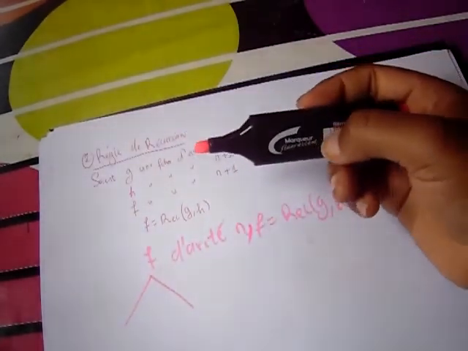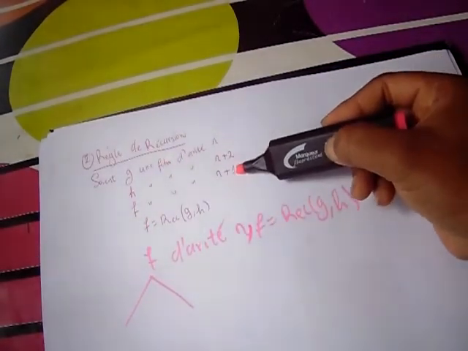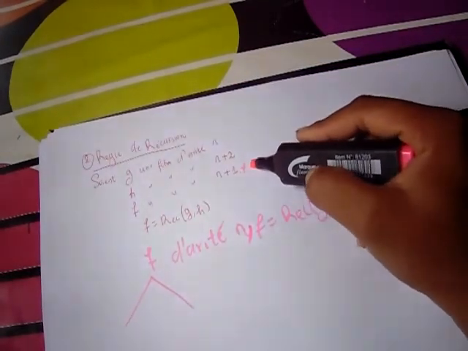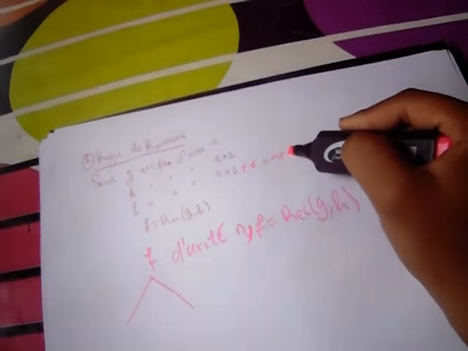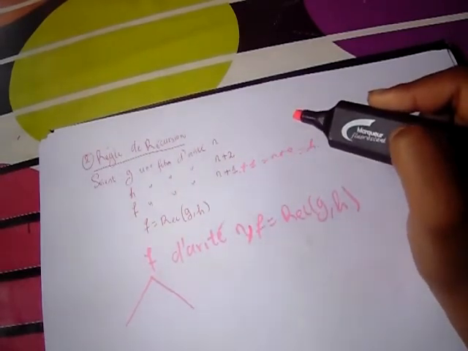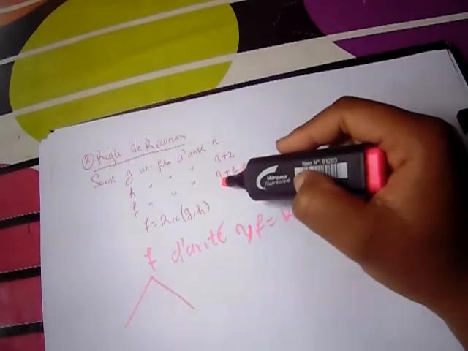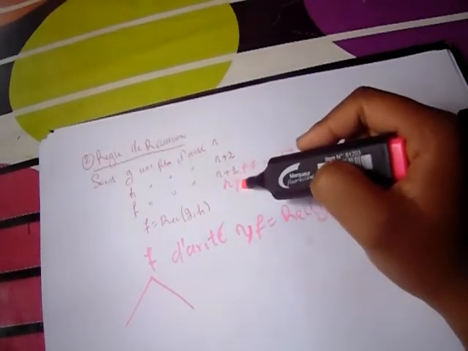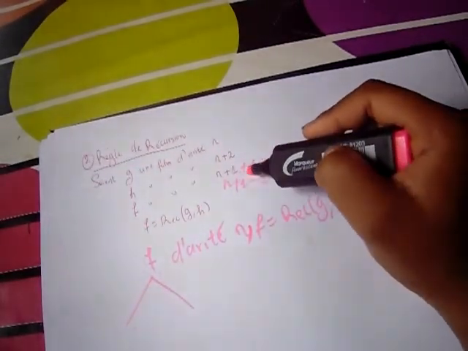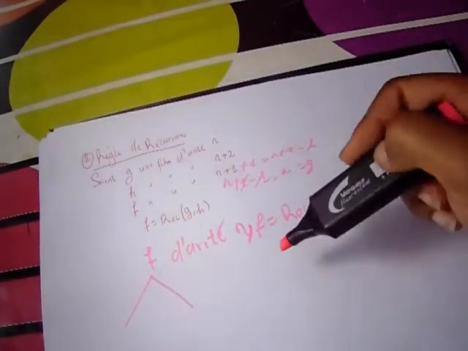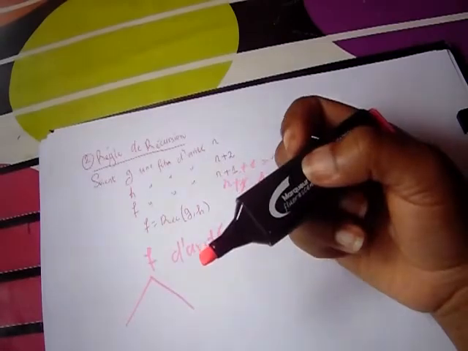You notice here that if f is dérivée n plus 1, h will be dérivée n plus 2. That means 1 was added and we got n plus 2, which is the derivative of h. And here it is n, meaning it was like we subtracted 1 from our function f and then we got n, which is the derivative of g. Exactly the same principle here.